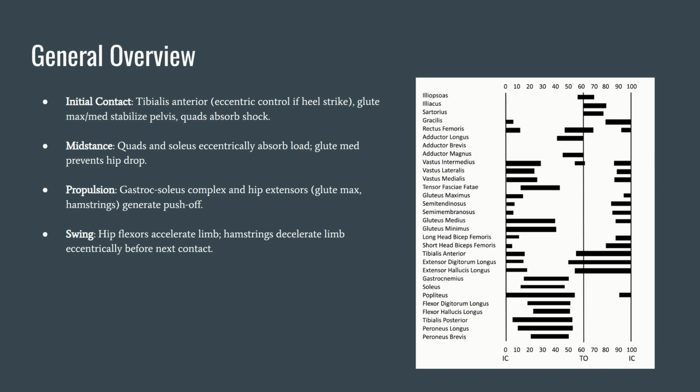During swing, hip flexors accelerate the limb and hamstrings eccentrically decelerate knee extension in preparation for contact. Recall from the hip mechanics lecture that glute max fires late swing into stance. This timing is even more critical at running speeds. A clinical pearl is that many hamstring injuries occur during late swing, not stance.